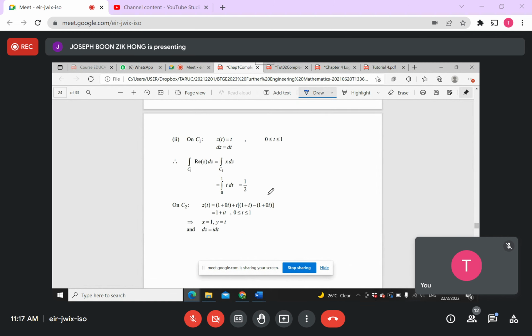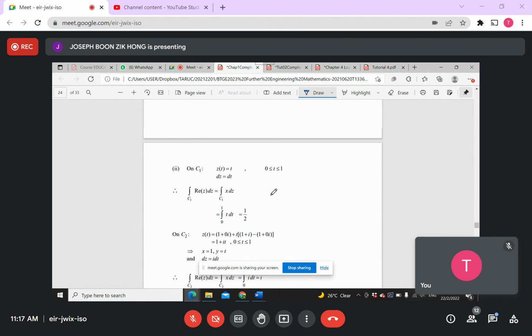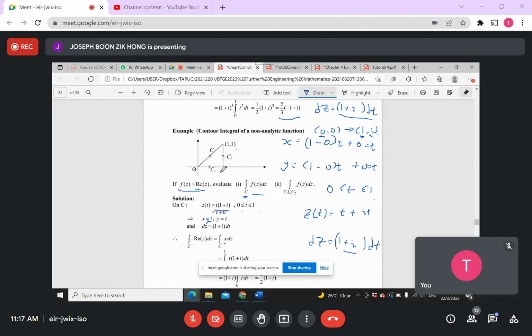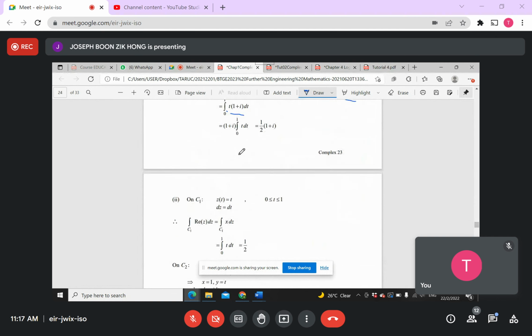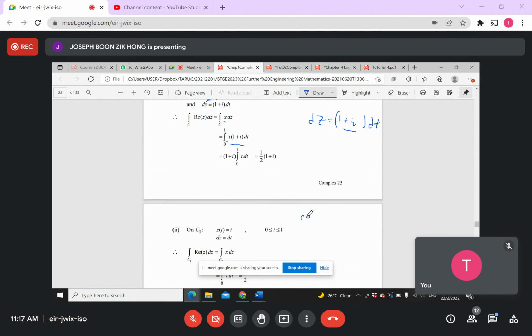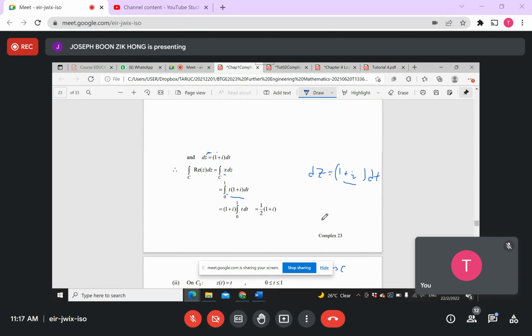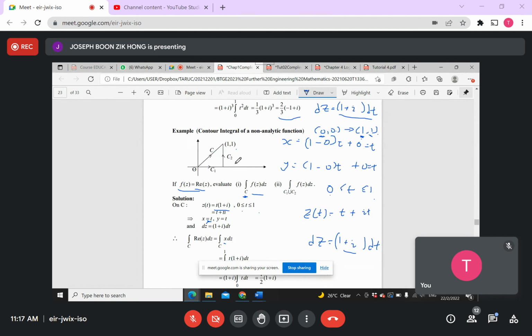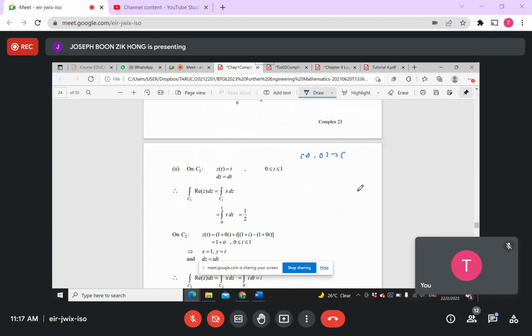So this one, if you do it in two ways, C1 and C2, you have to do the C1 first and then you do the C2. So what we can have a look here is C1 is from (0, 0) into, the y does not change but the x changes, so it becomes (1, 0).